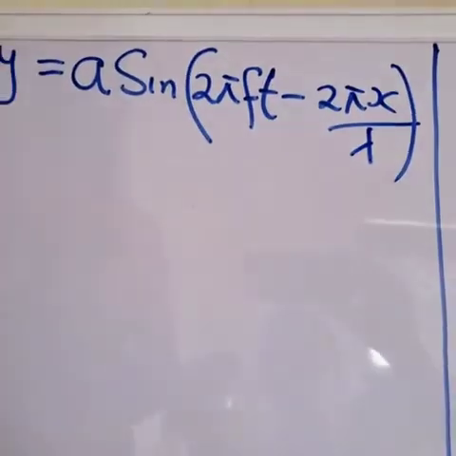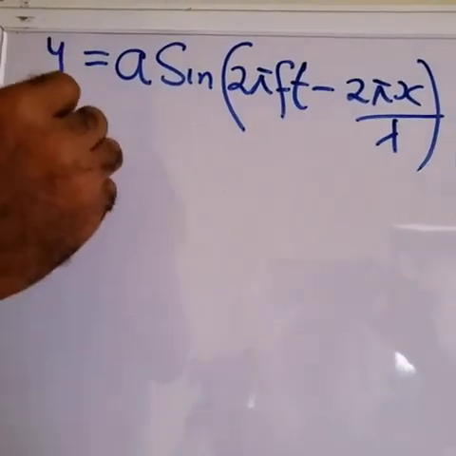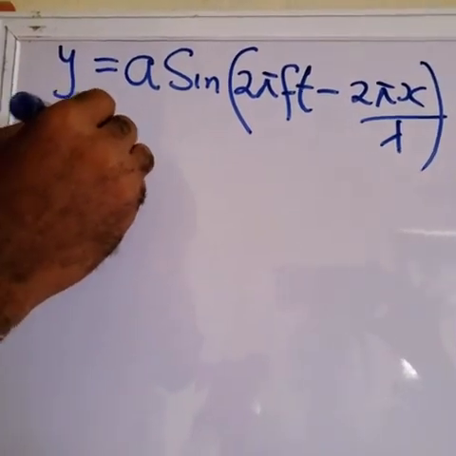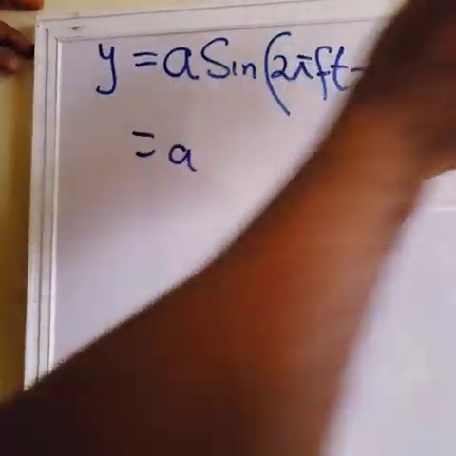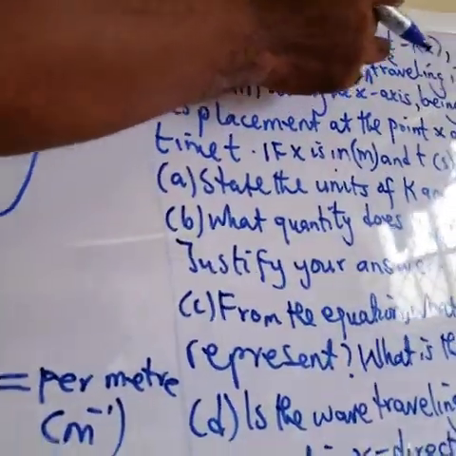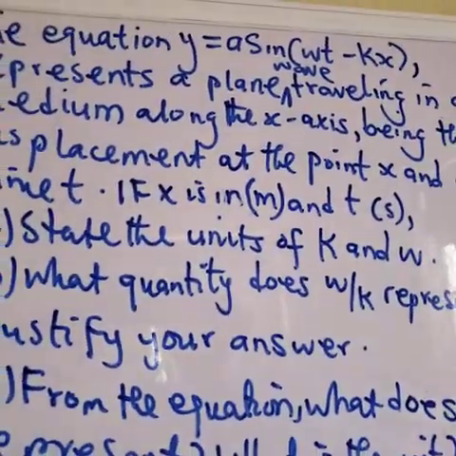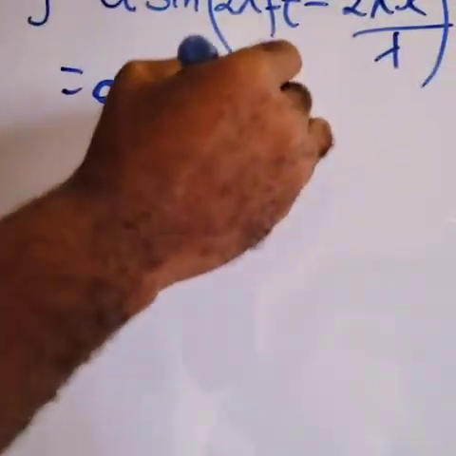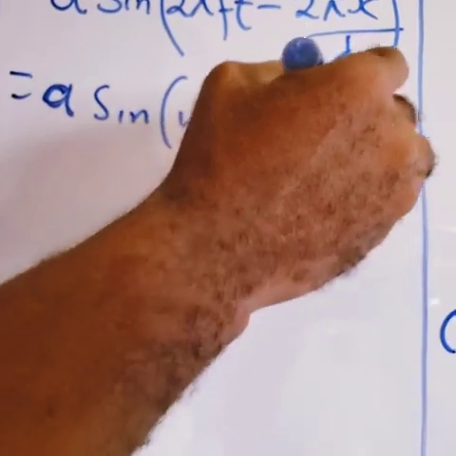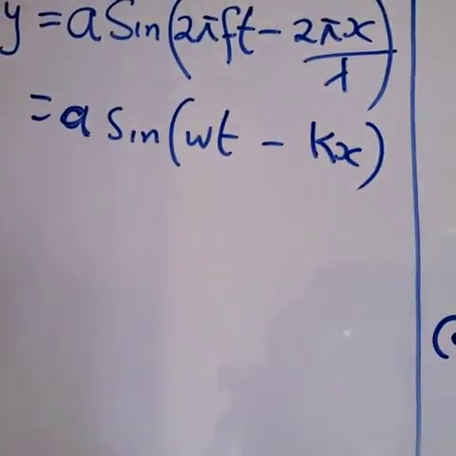This is the general wave equation. Now, all you need to do is compare this one with the one given in this question. Look at the one given in the question. It's written as a sine omega t minus kx.